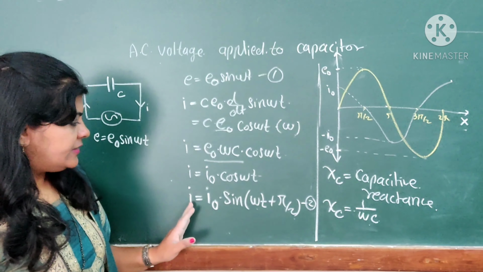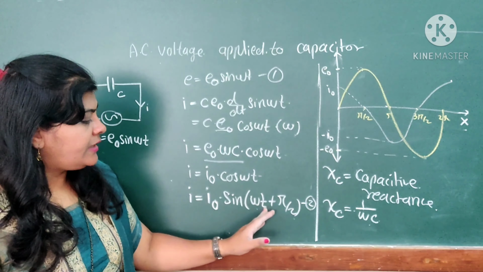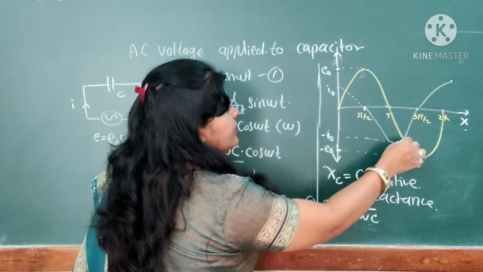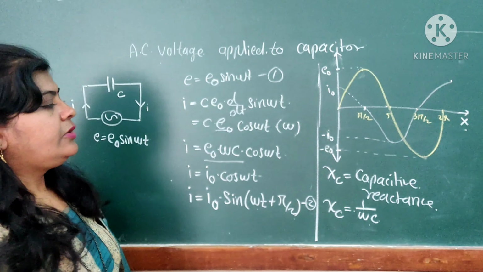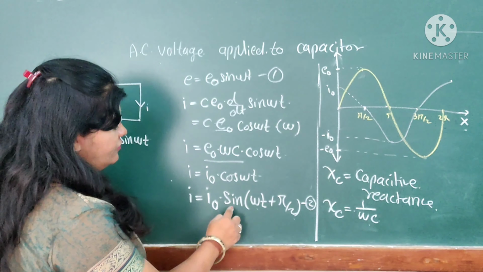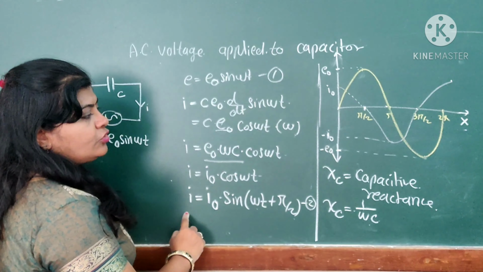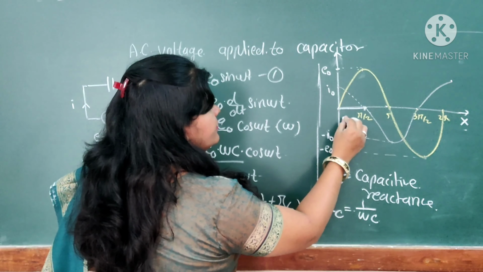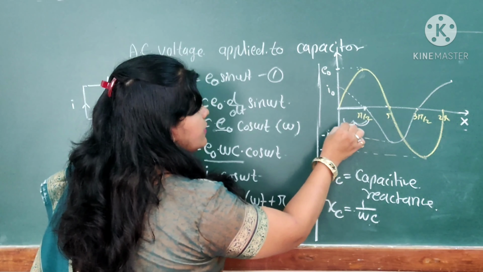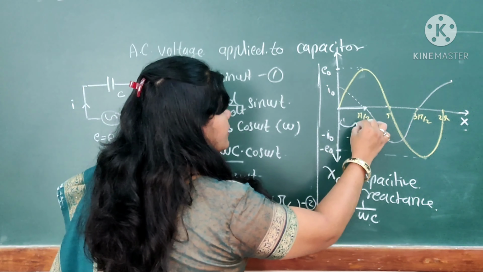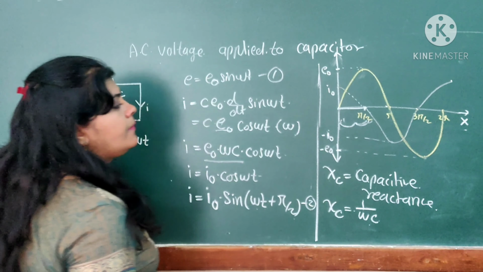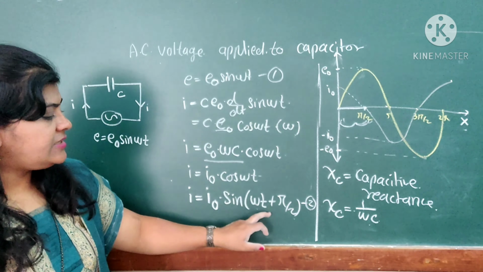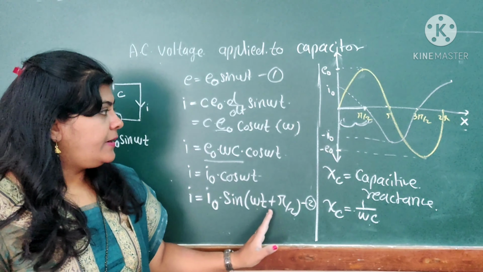Next, the current shows at omega t plus pi by 2, so it will start from here and alternate, and you will get the sinusoidal function of the EMF and current. Here it shows this difference: pi by 2 means the current and the EMF have a phase difference of pi by 2.